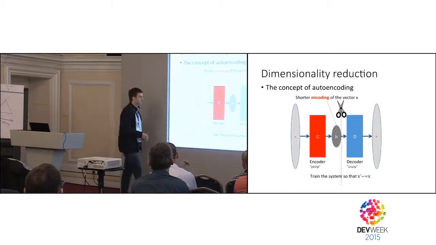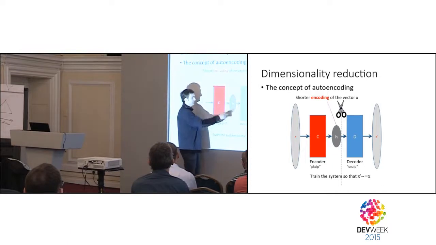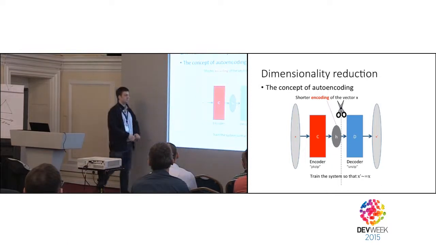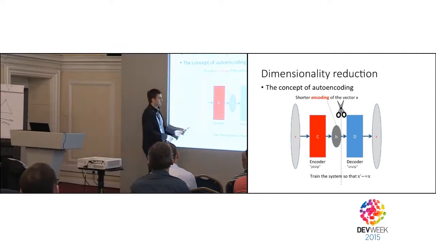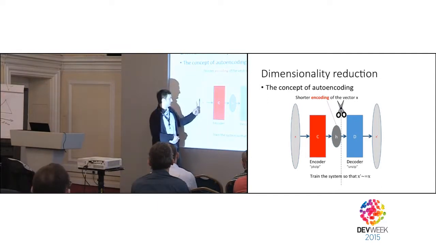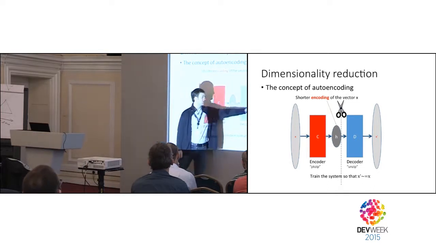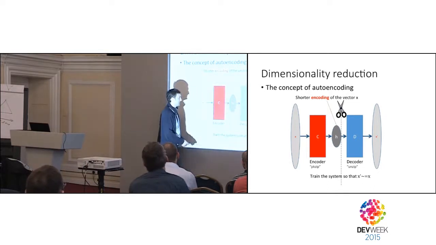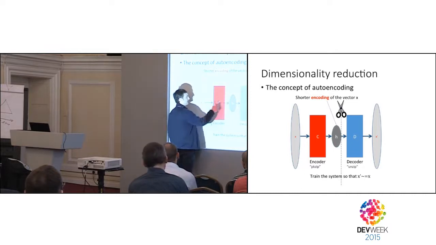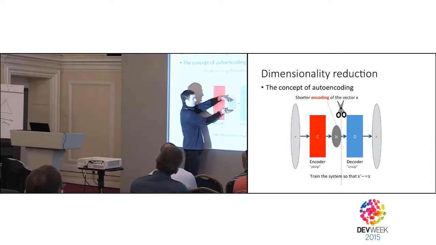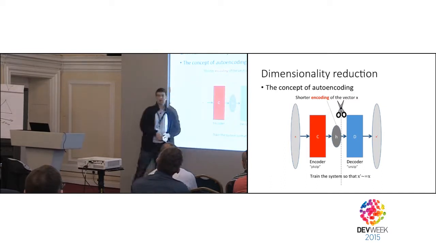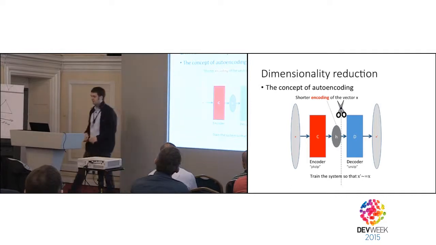If we're able to train the system on the data that we collect from our sensors to minimize the difference between the input vector and the reconstructed vector, taking into account that the data passes through a narrow bottleneck where the dimensions are lower, then we basically solve the feature extraction problem.